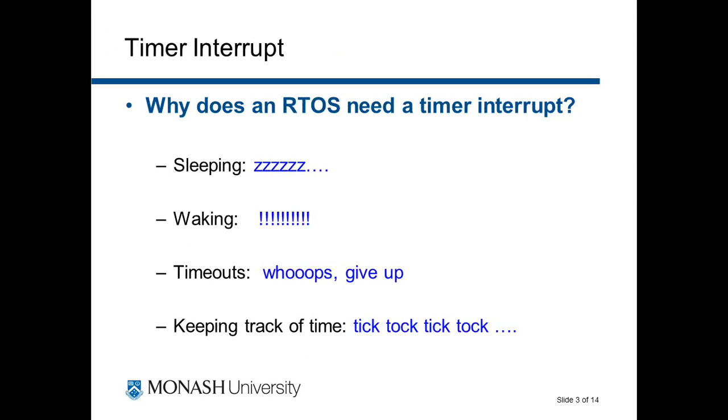Okay, so if we're talking about our statistics task, statistics are all based on the timer, because we need to know relative to some form of time, so we need this timer interrupt. So why do we need a timer interrupt? Well, how have we used it? We've used it for sleeping and waking.